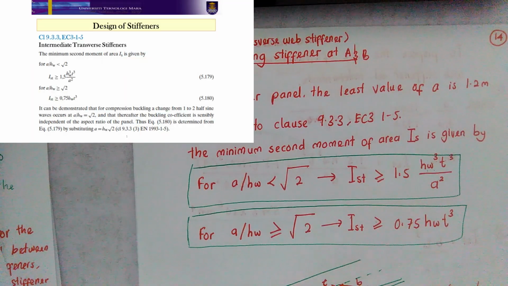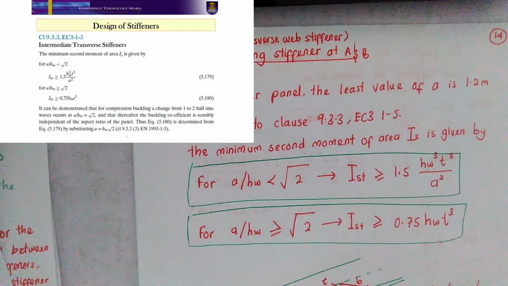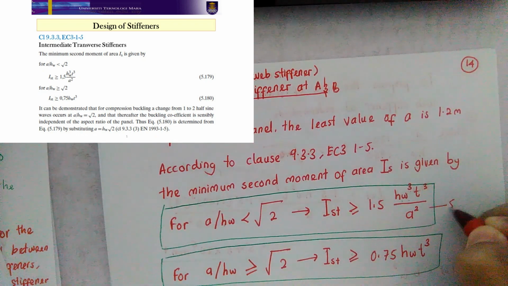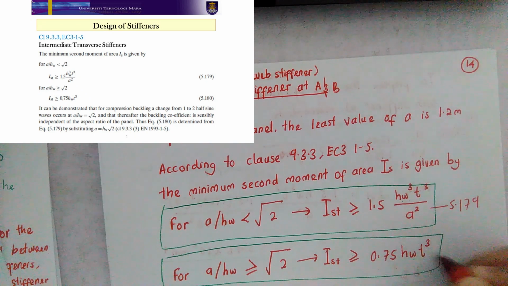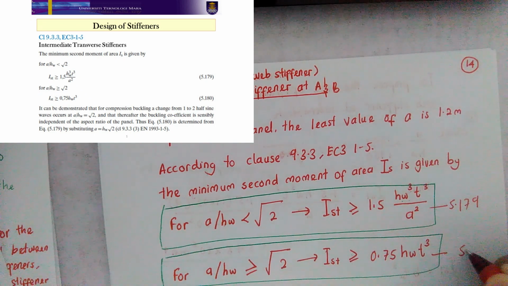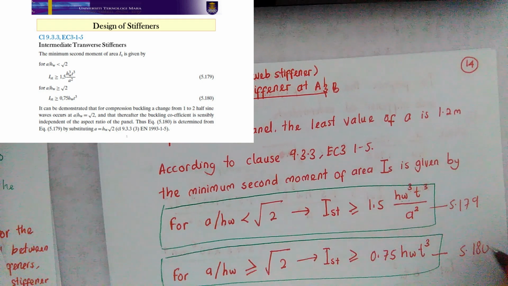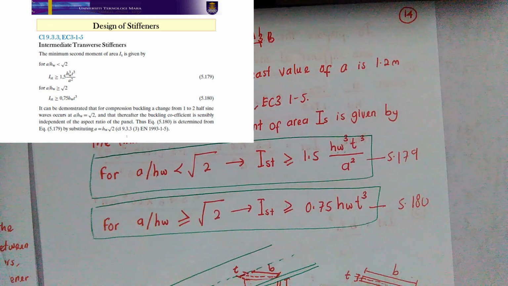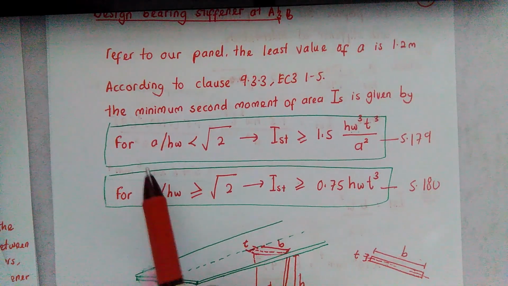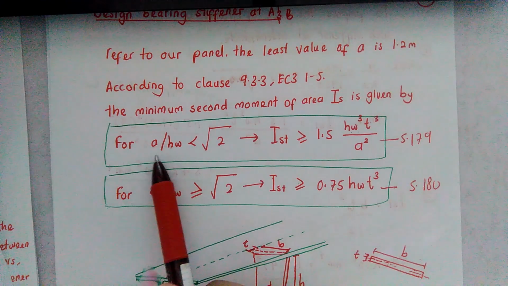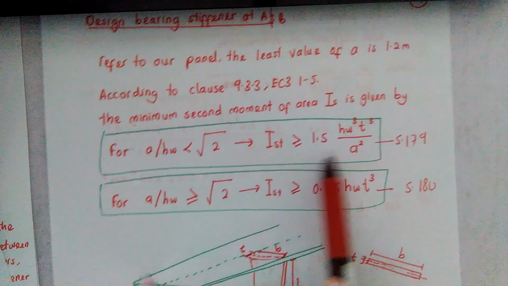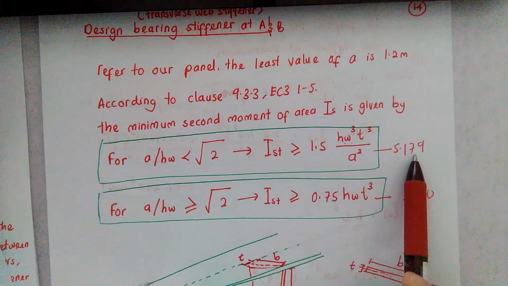So you can refer to equation 5.179 and equation 5.180. First you need to check the condition whether A over HW is lesser than square root 2, and then you can use equation 5.179.